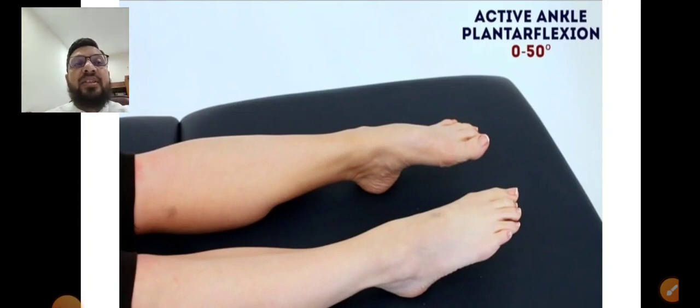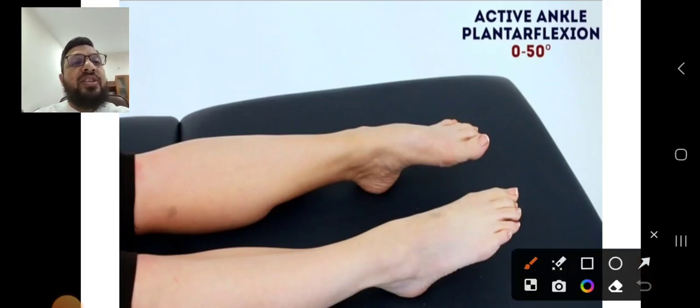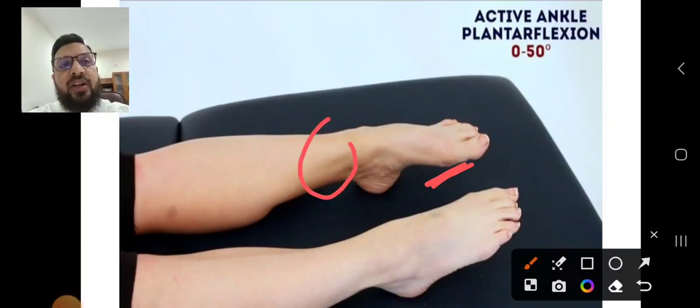Meanwhile, when you are asking the patient, can you please push on my hand, one of your hands will be just here in front of the plantar surface of the foot. Your other hand will be here, so that the patient may not push your hand with the power of his leg.